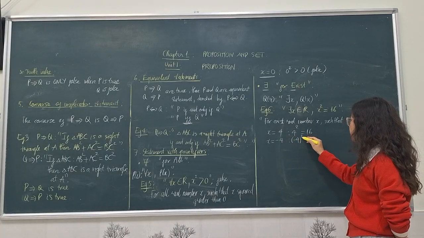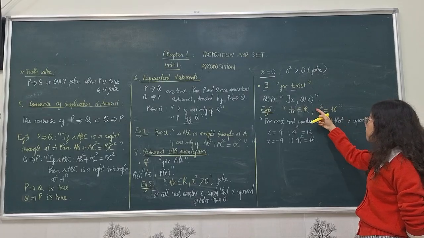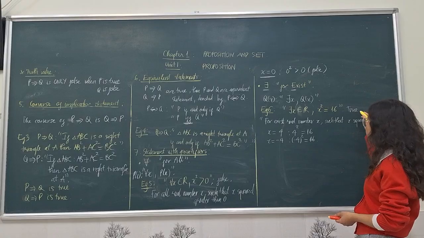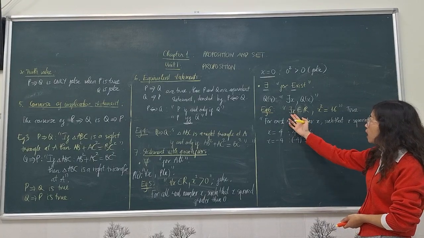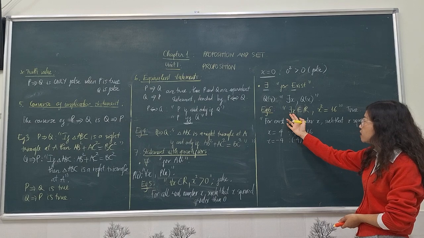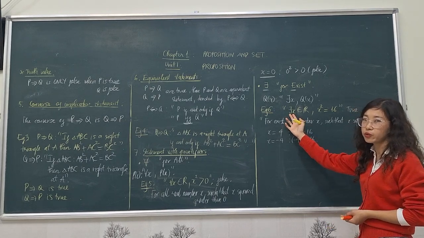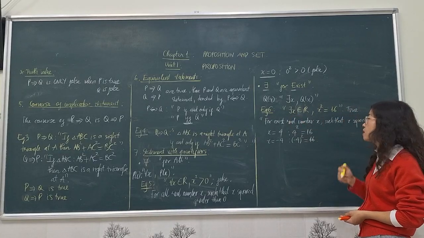Negative 4 squared equals 16. So that makes the equation true, so we say the statement is true. Notice that in a statement with the "exists" notation, we need only one value that makes the statement true. So the statement is true, right?